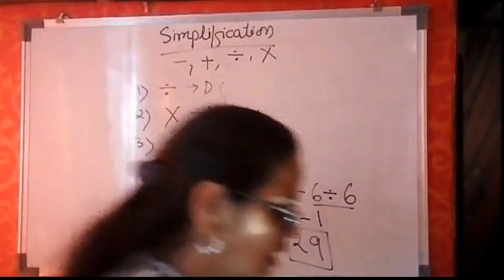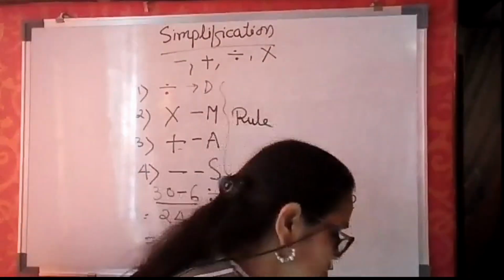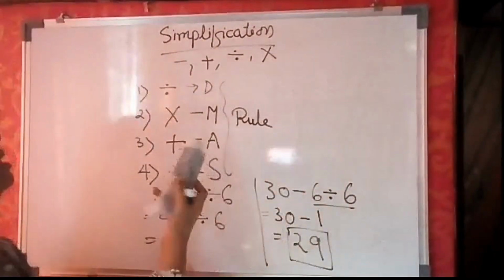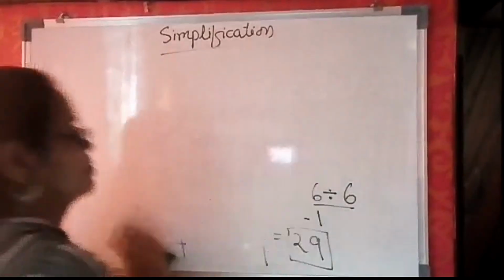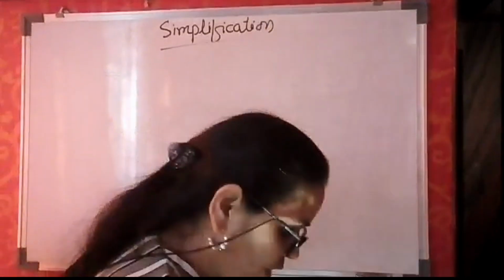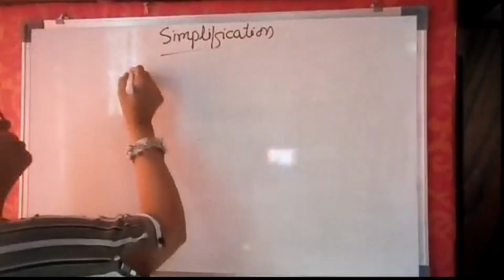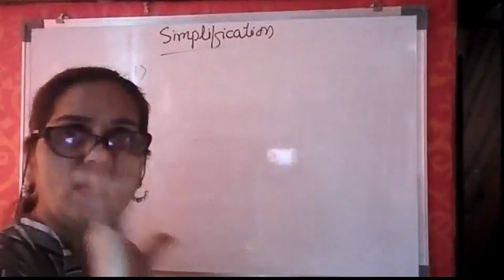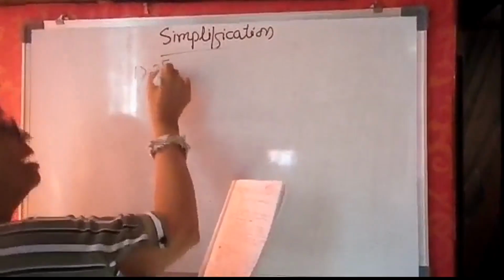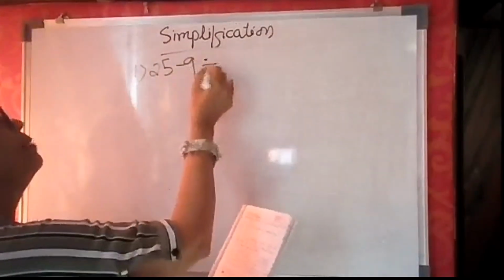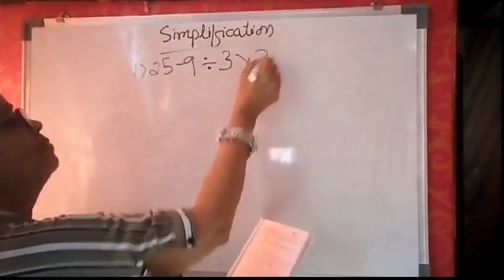Let us solve another sum so that things will be easy for you to understand. Now one sum is, see, I am taking simplification on whole numbers. So 25 minus 9 divided by 3 multiplied by 3.